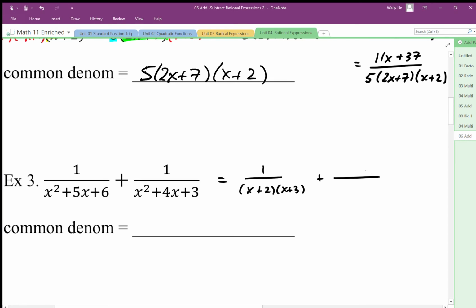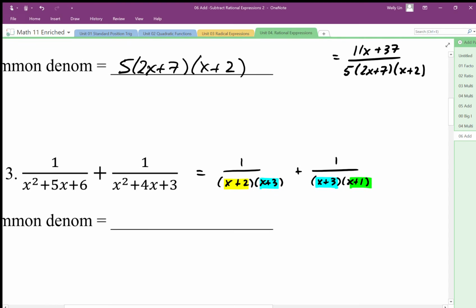The second fraction, we're going to end up with x plus 3, x plus 1. So here we have denominator pieces of x plus 2, x plus 3, which is shared, and an x plus 1.